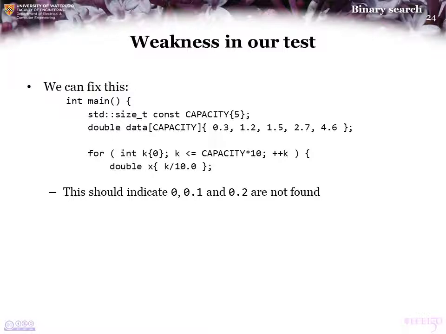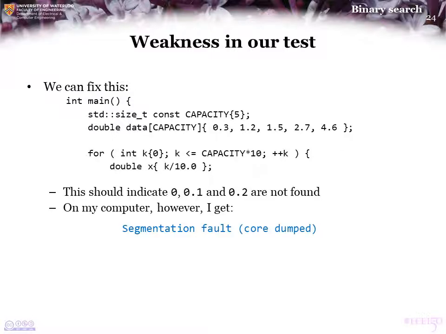Not a problem. However, on my computer, if I now run this test, I don't get an assertion error. I get a segmentation fault, which means I tried to access memory that I could not access. Now, why is that?